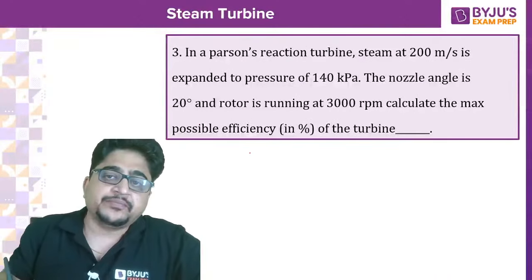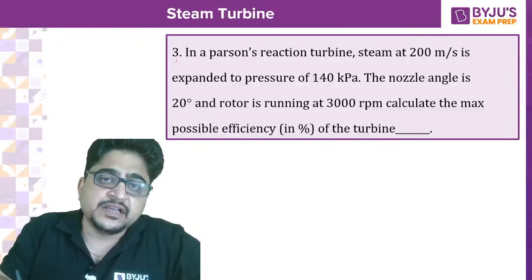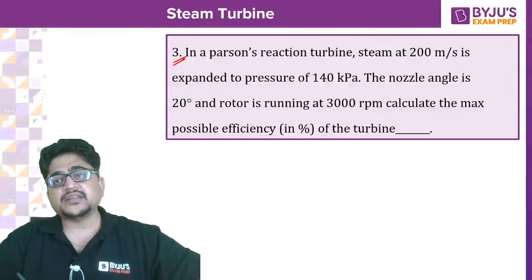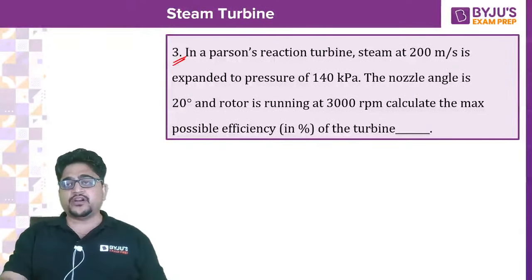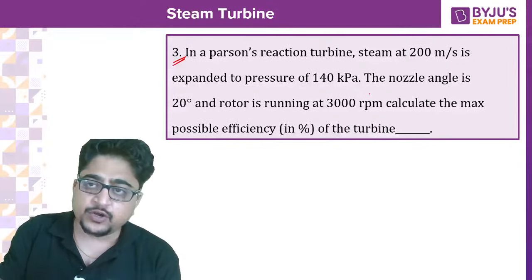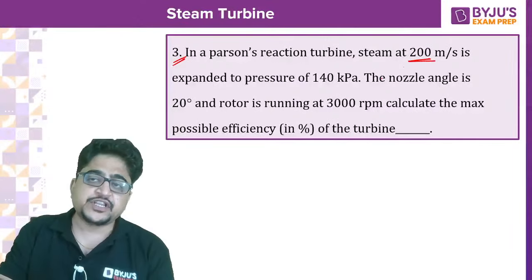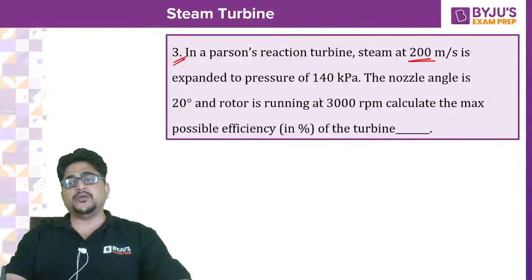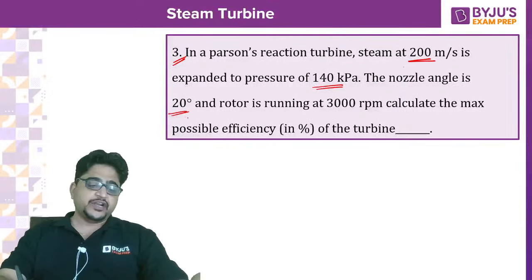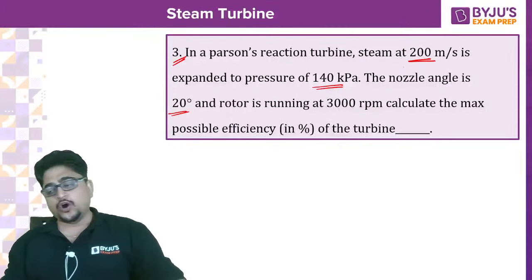Question number 3. Now this is the Parsons reaction turbine. In Parsons reaction turbine, steam at 200 meter per second is expanded to a pressure of 140 kilopascal.